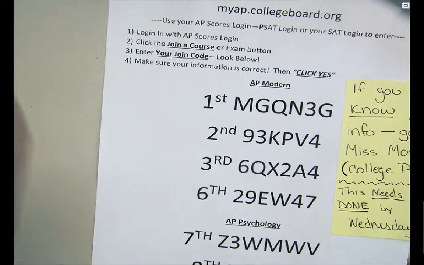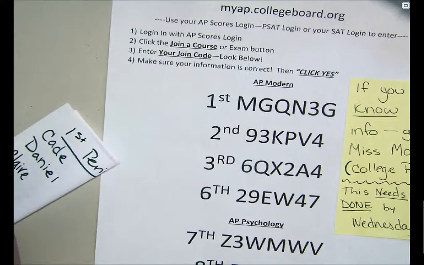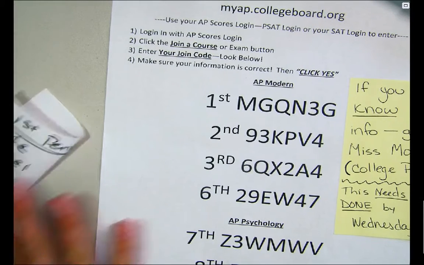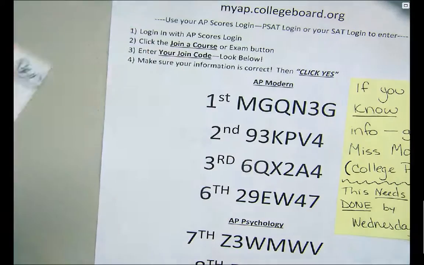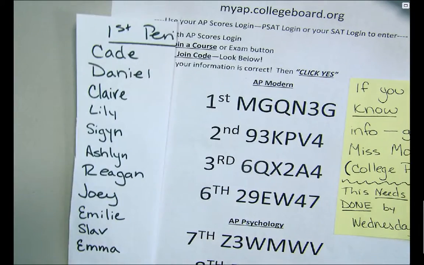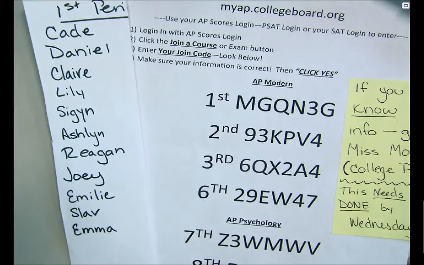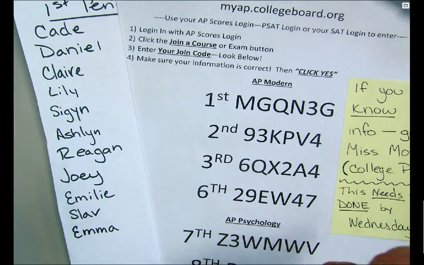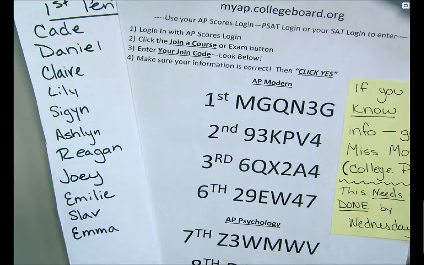Cade, Daniel, Claire, Lily, Segan, Ashlyn, Reagan, Joey, Emily, Slav, Emma. Hi. It needs to be done today. Today. If you don't know your login, go to Miss Mosley, right? Did she have it ready to go? Super easy. Took no time. It needs to be done today.